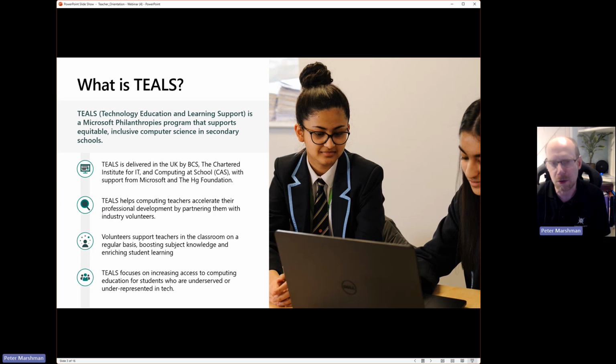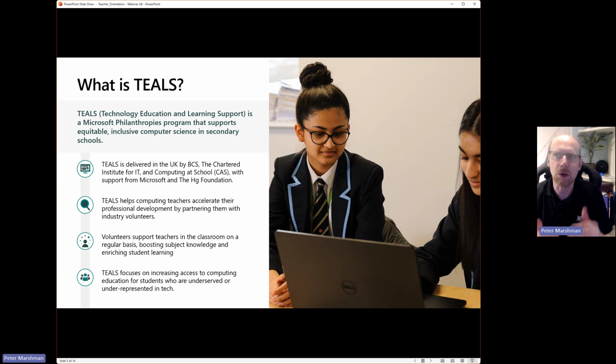But it's not just the teachers that benefit from this. In turn, it's the students in your classroom who benefit from boosting their subject knowledge through one-to-one work or group work with volunteers, whether it's through the enrichment or the enhancement of your curriculum through these experiences as well. TEALS really does focus on the education of those young people who are underserved or underrepresented.